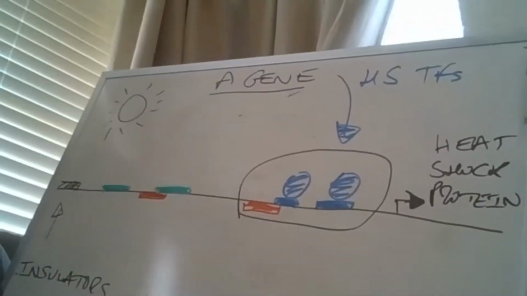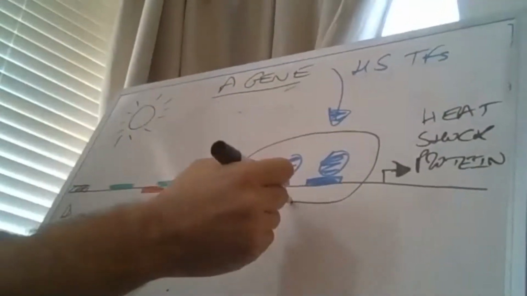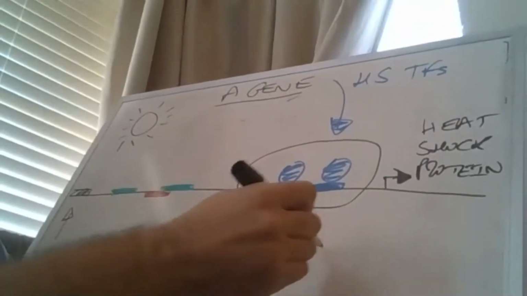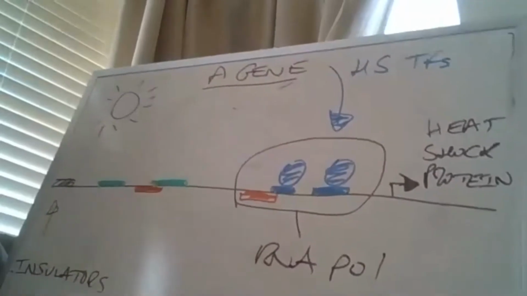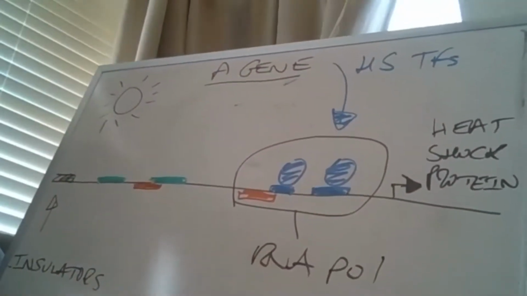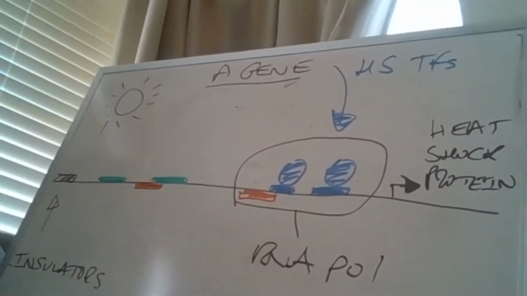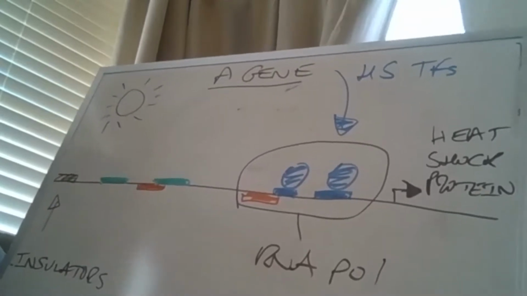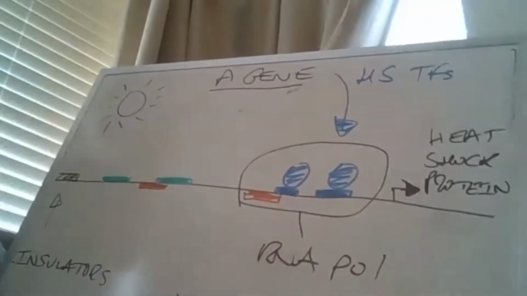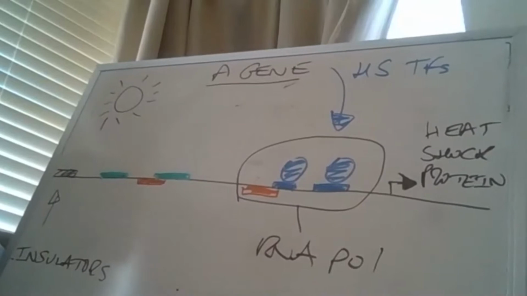HS stands for heat shock. Now, RNA polymerase assembles on that promoter, and the transcription factors facilitate that.